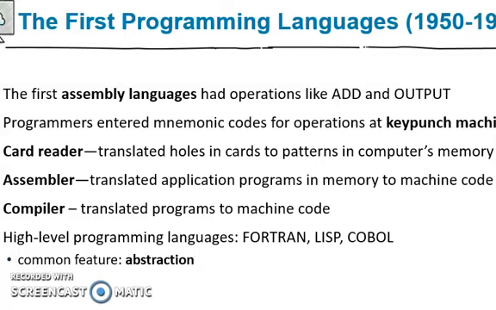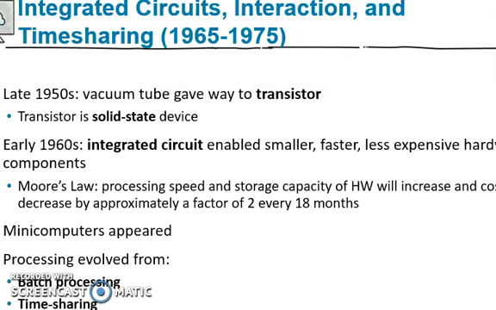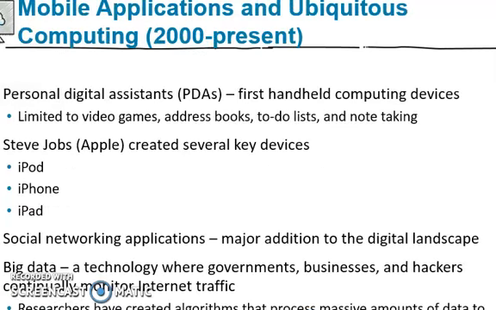We are lucky we're going to be using a high-level language like Python. Or for my C++ students, yeah, C++. Okay, just to put you into the picture, in about the 2000s we had the personal digital assistants, and now we have iPod, iPhone, iPad. You know I like the Apple products.